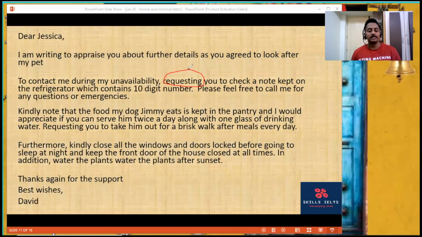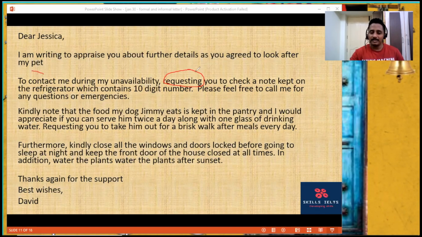In case of any emergency, you can check my number noted down on a paper kept on top of the refrigerator. You can call me anytime for any questions or emergency. You could have simplified it. This was a problem. The one word which created the problem was this, requesting you to and all. You don't actually request to that level in an informal letter. That was the main mistake.